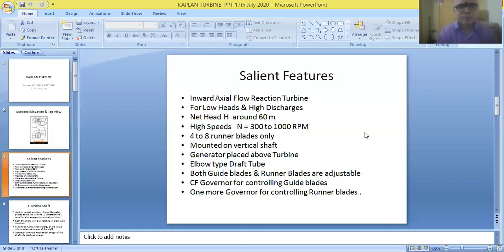So friends, both guide blades and runner blades are adjustable. Just like Pelton and Francis turbines, a centrifugal governor is here, used for controlling the blades of the guide wheel mechanism, and one more governor for controlling the blades of the runner mechanism. So friends, these are the salient features of KAPLAN turbine.